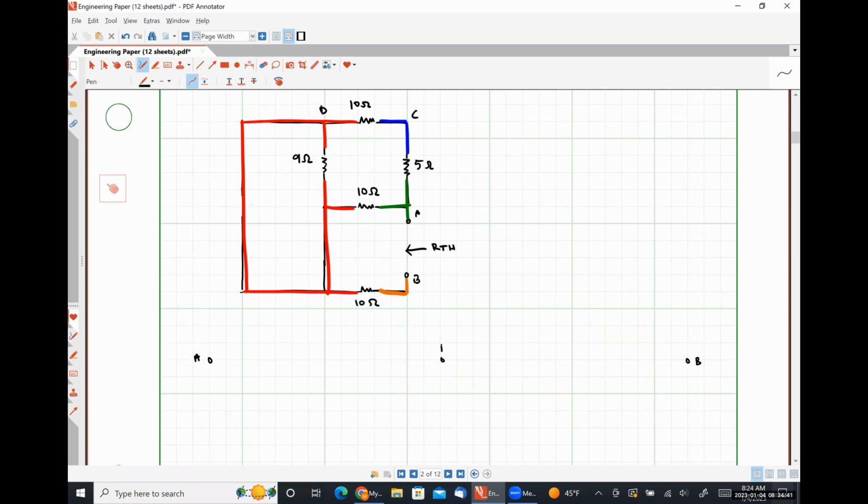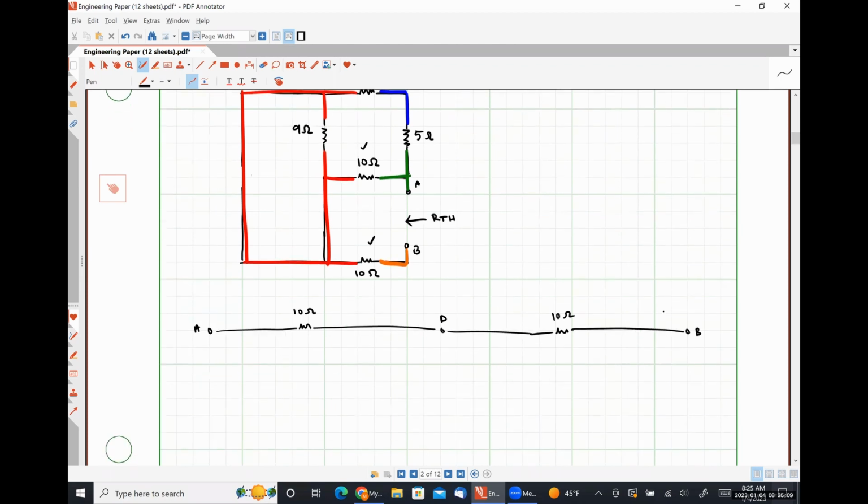So I'm going to put D here in the middle. From A to D is the 10 ohm resistor that's in the middle. And then from D to B is the 10 ohm resistor that's on the bottom right. Okay. Now I could also go from A to C to D. So I'm going to put C here.